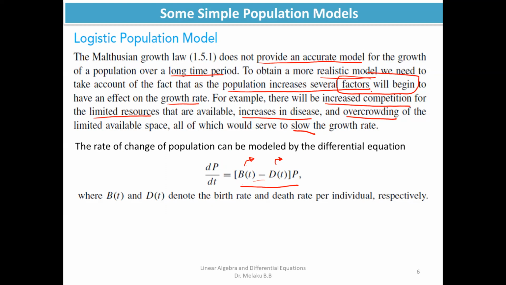Because of these factors that begin to hinder the growth rate: increasing competition for limited resources, disease, and overcrowding of the limited available space. So there has to be some deduction from the birth rate. Therefore, this is a more realistic model, that is, the logistic population model, than the Malthusian growth.